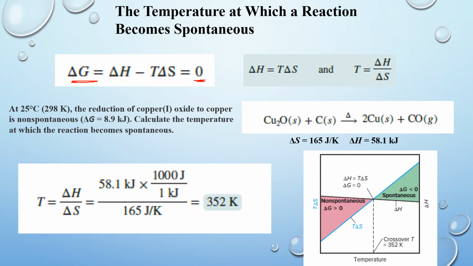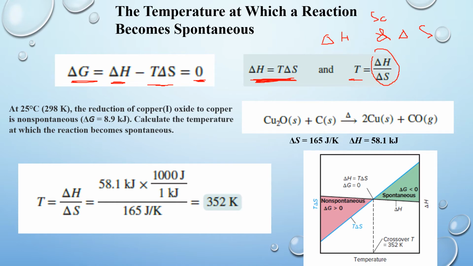So at equilibrium, you have delta H minus T times delta S equal to 0, which is equal to delta G. Meaning that delta H is equal to temperature times delta S. To find the temperature for this to happen, we just need to move delta S to the left hand side, so we have temperature equal to delta H divided by delta S. That means if delta H and delta S have the same sign.